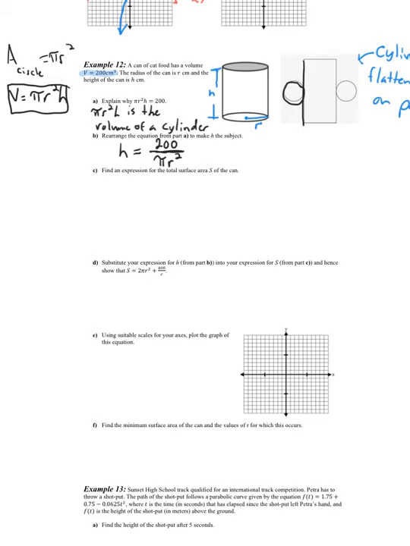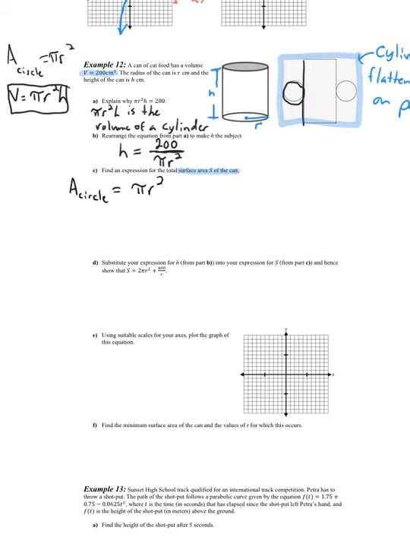Now the next one, this is why I came up with finding this box for us so we could see what the cylinder looks like flattened. Because it says, go ahead and find an expression for total surface area of the can. So surface area means we're finding the area of each individual part. So, like I said, the area of the circle is going to be pi r squared.